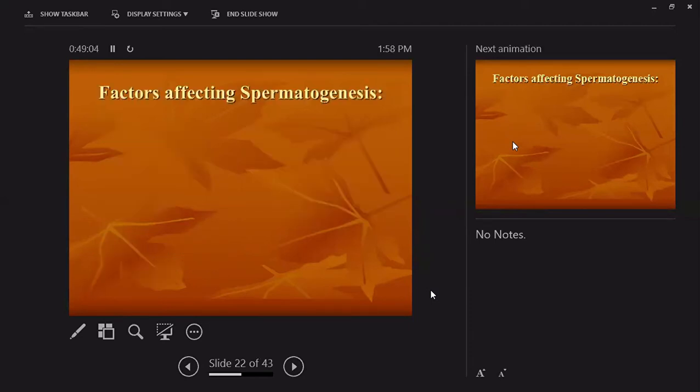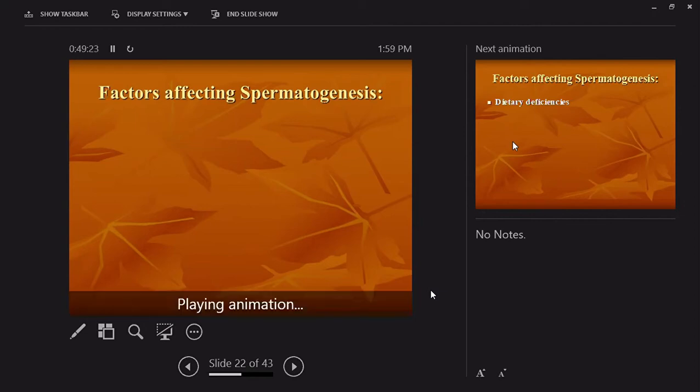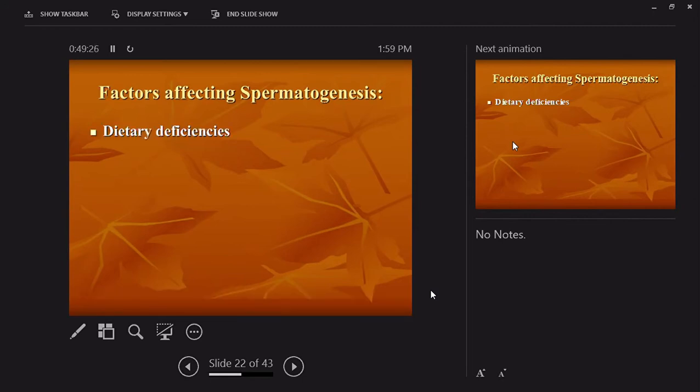Factors affecting spermatogenesis, so your development of sperm from spermatogonia to spermatocyte, spermatid to mature sperm cell. Itong mga factors: dietary deficiencies, meaning to say, you have to have the complete diet. Alcoholism and all that.